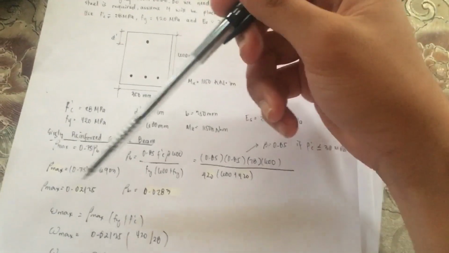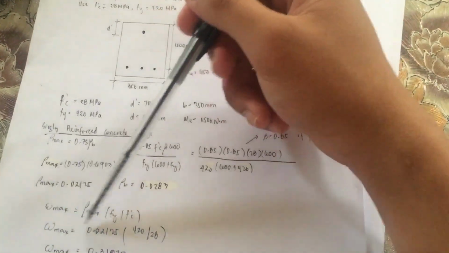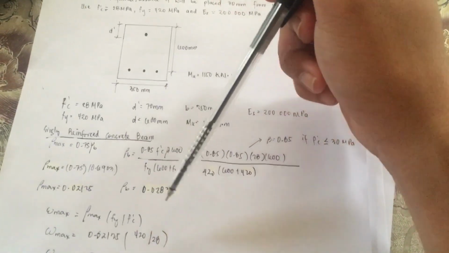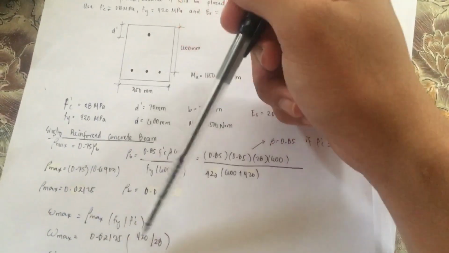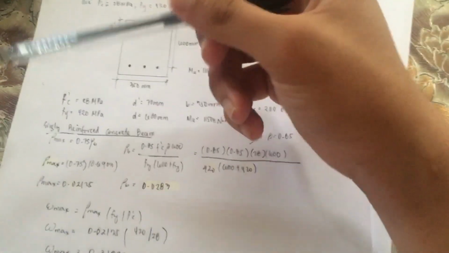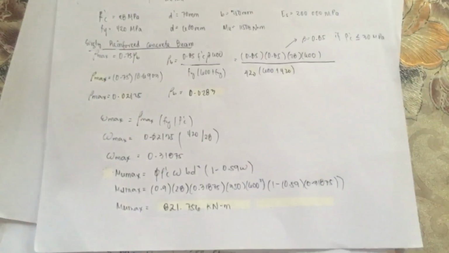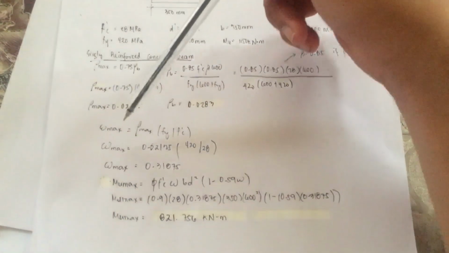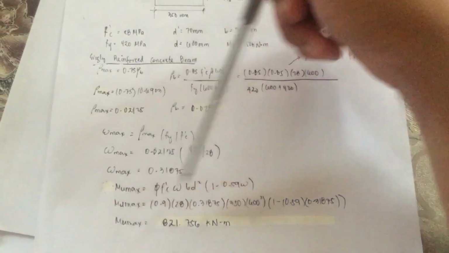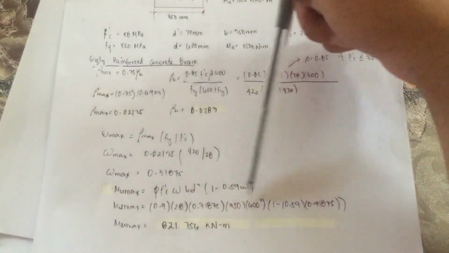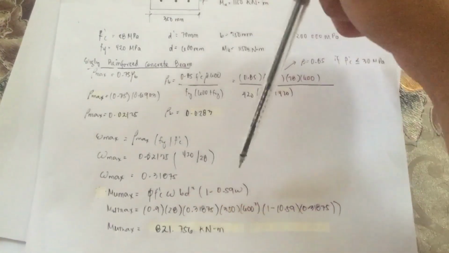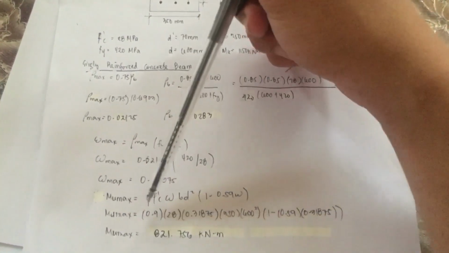So let's say naa tay formula nga omega max is equal to P max times Fy over F prime C. So by that, we'll get the value of omega max is equal to 0.3187. Now, in order for you to get the maximum moment nga experience sa singly reinforced concrete beam, we have this formula.